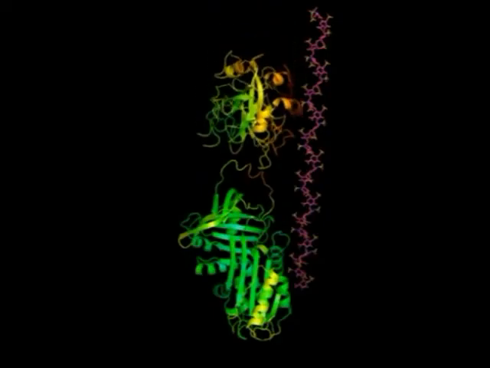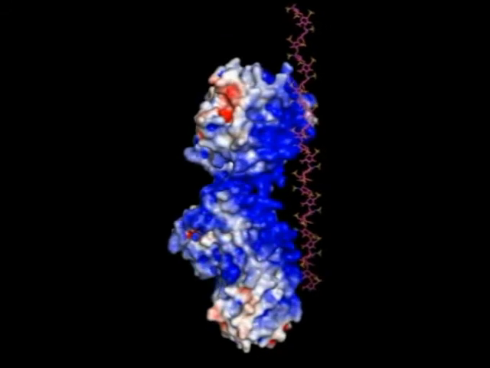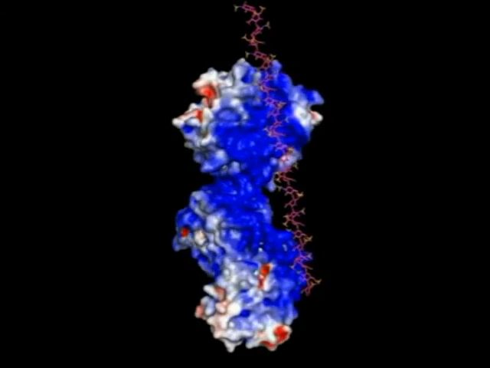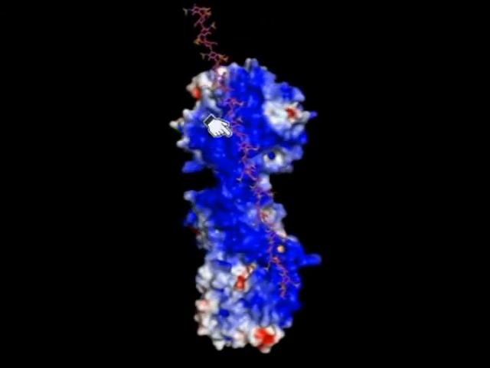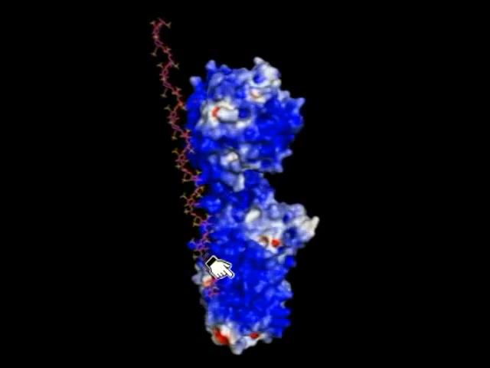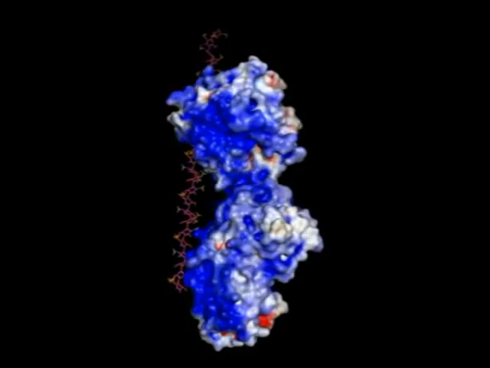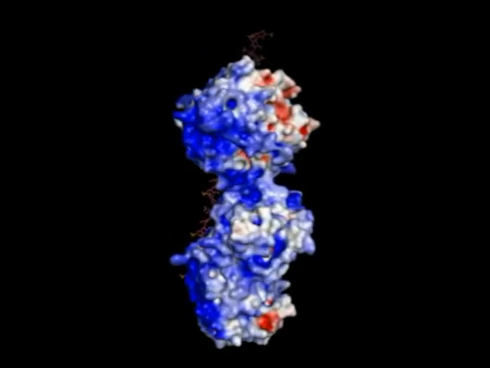So this is how we hypothesize that thrombin is inhibited by protease nexin 1. We have an initial encounter complex, which aligns the heparin binding sites of thrombin and protease nexin 1, this beautifully positive charged region here. And this complex could live for a while.